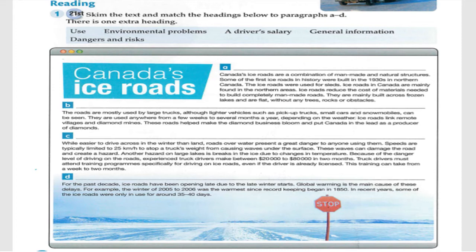We need to match the heading with each paragraph. If you read paragraph A, what is paragraph A talking about? Which heading? Use, environmental problems, a driver's salary, general information, dangers and risks.